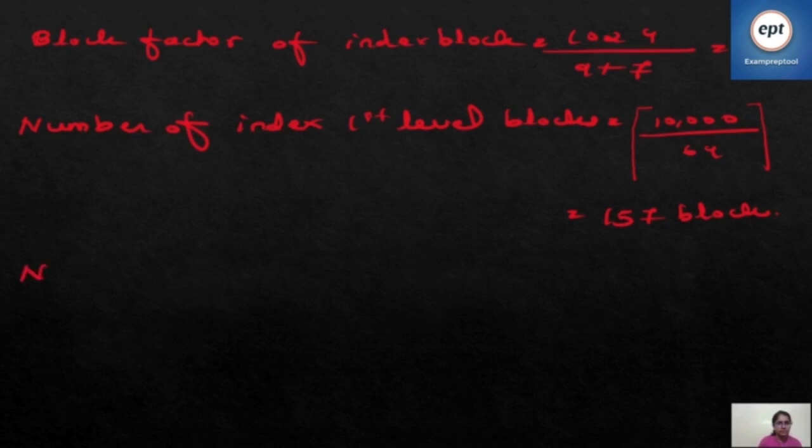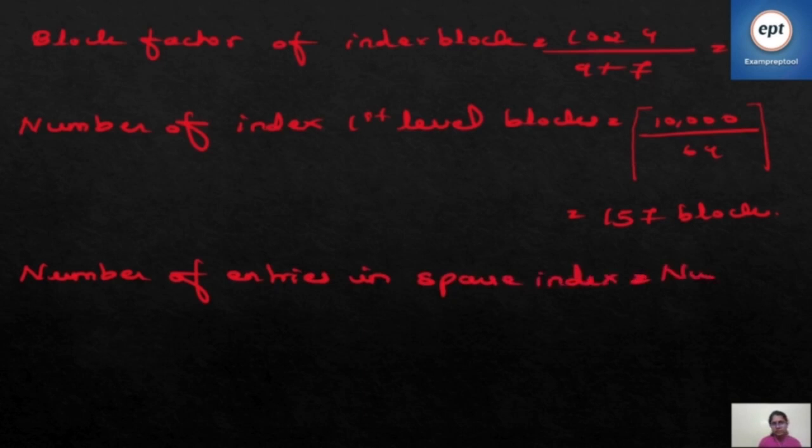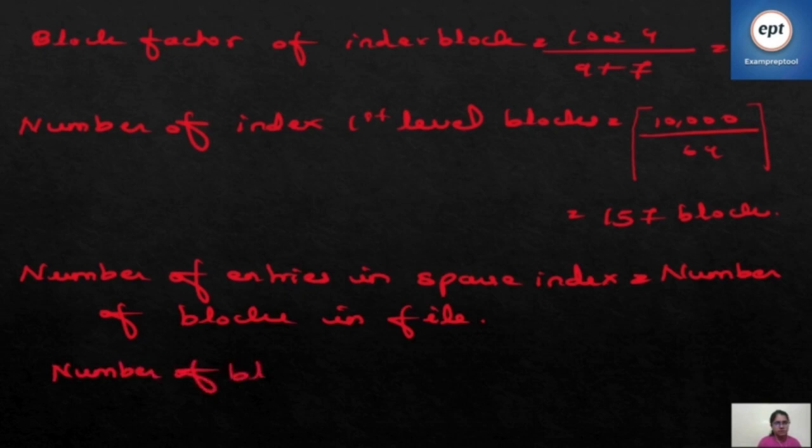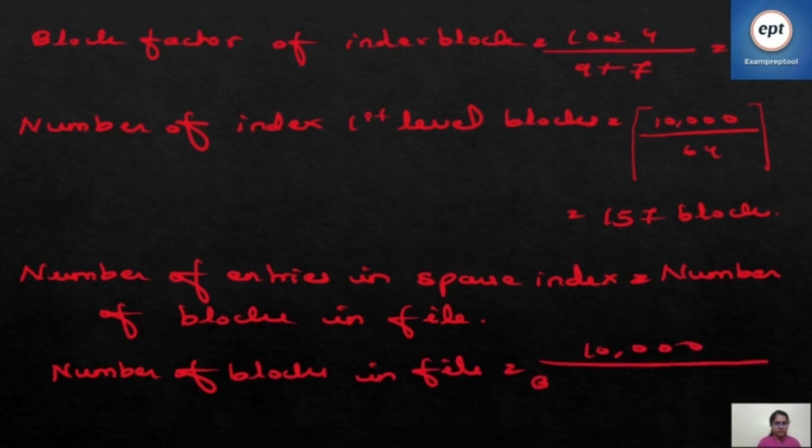The number of entries in the sparse index equals the number of blocks in the file. The number of blocks in the file equals 10,000 divided by the block factor of the file. Now let's calculate the block factor.